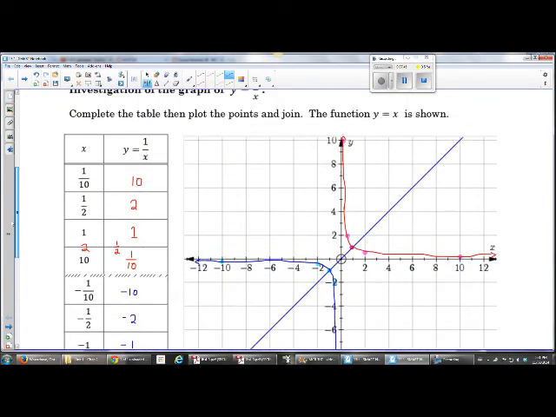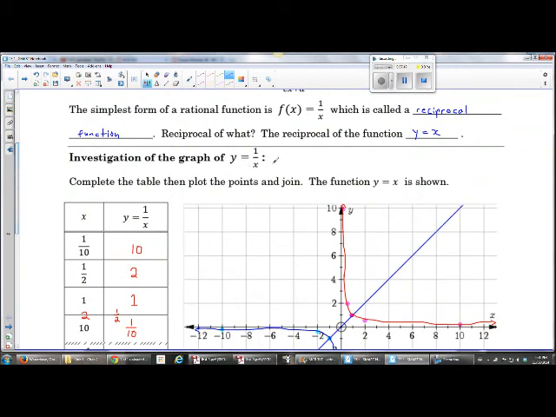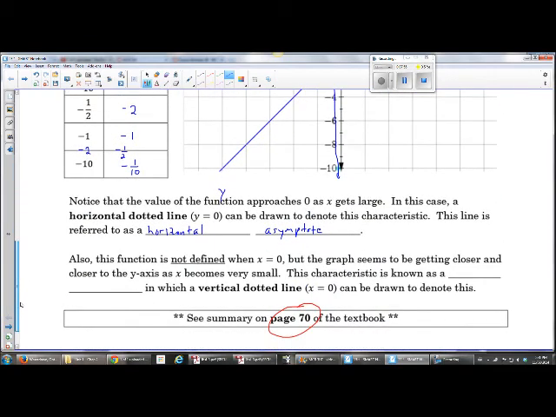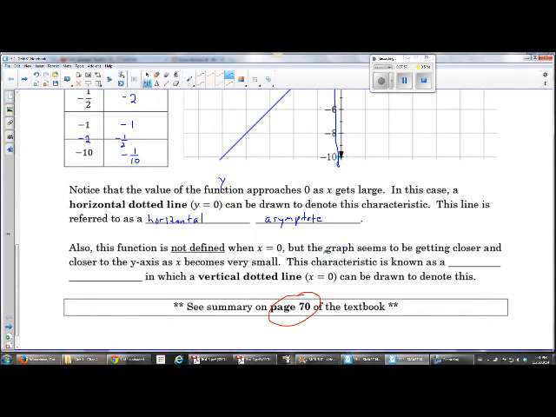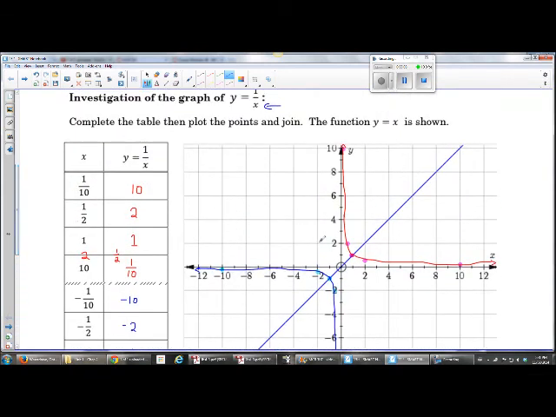Sorry about my writing. The function is not defined when x equals 0, because when x equals 0, that means we would be dividing by 0, which we cannot do, so the function would be undefined. The graph seems to be getting closer and closer to the y-axis as x becomes very small. As x gets really small, the graph goes closer and closer to the y-axis, but never actually touches it.